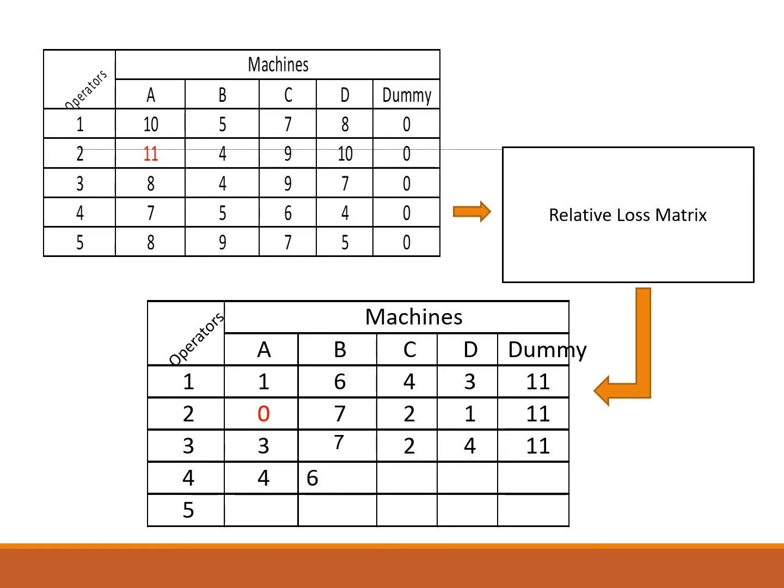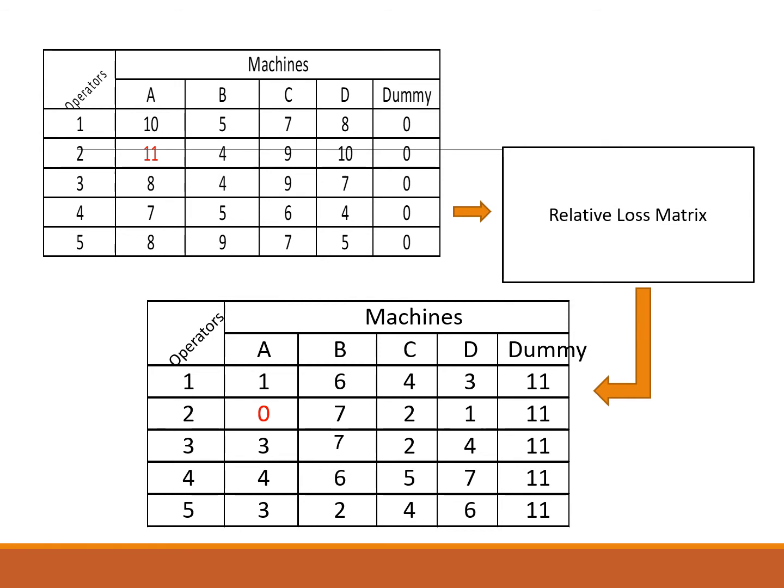Next, 11 minus 7, 4, 11 minus 5, 6, 11 minus 6, 5, 11 minus 4, 7, 11 minus 0, 11. 11 minus 8, 3, 11 minus 9, 2, 11 minus 7, 4, 11 minus 5, 6, 11 minus 0, 11. So this is your new matrix table with the relative loss matrix values.